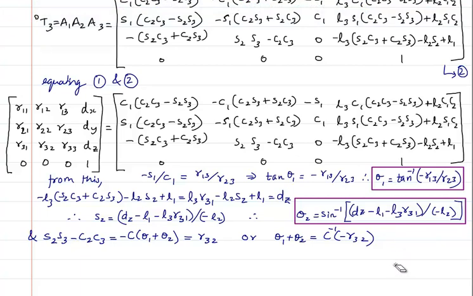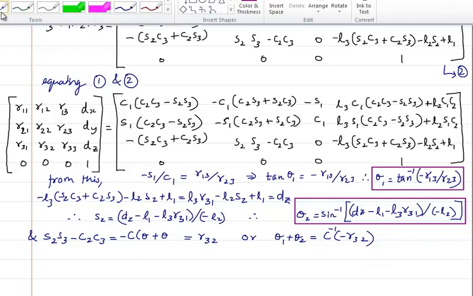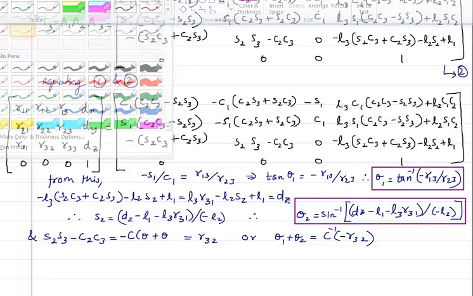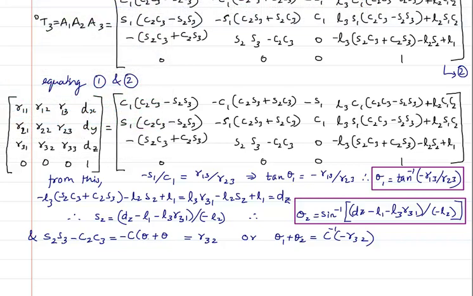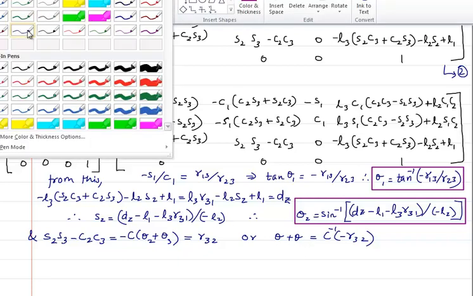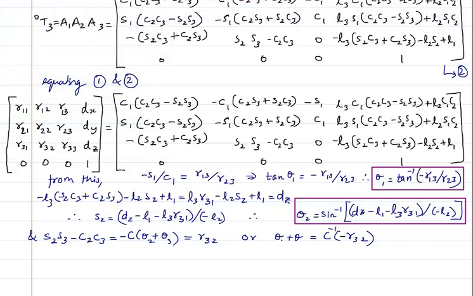Now, sorry, this was theta 2 and 3, I made a mistake here. So this is theta 2 plus theta 3. The same thing I have to write here: it is theta 2 plus theta 3.